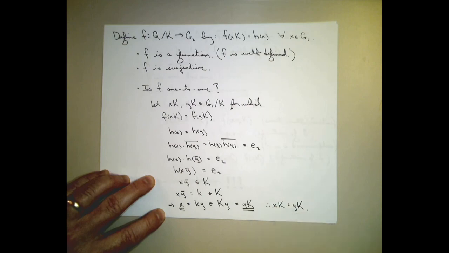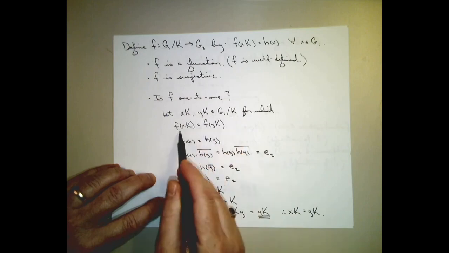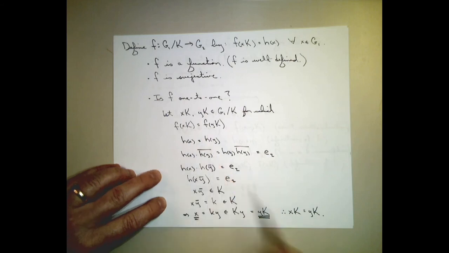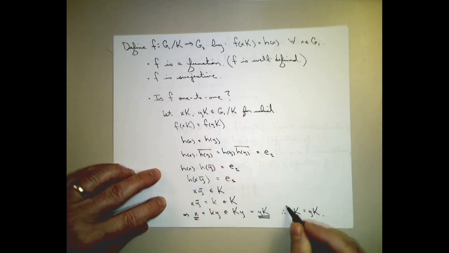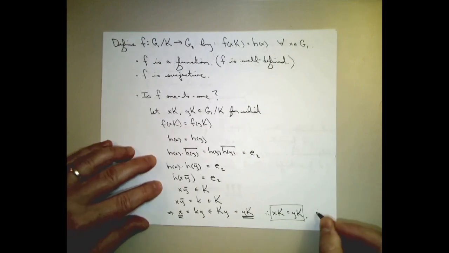And that's what we needed to show. So if we start with a couple of cosets for which the image under F is identical, the cosets that we started with must have been identical as well. That shows that F is 1-to-1. Isn't that a clever proof?